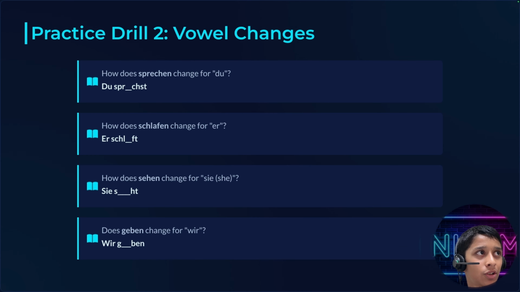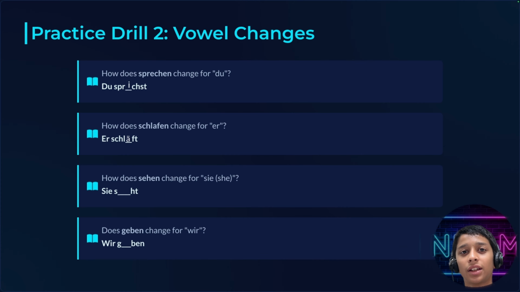Okay, time's up. So the first one, here the E will change into an I, which makes it du sprichst. How does schlafen change for er? Since the A converts into an umlaut A, the result will be er schläft.